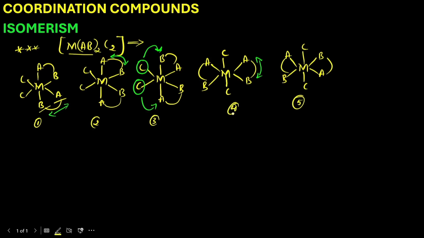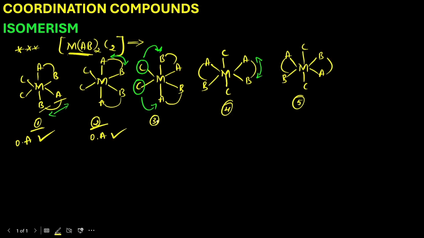So we have 5 possible structures for the complex of type M(AB)2C2. Now if you write the mirror image for structure 1, you get a non-superimposable mirror image, therefore it is optically active. Coming to the second case, the mirror image is non-superimposable, therefore it is also optically active.